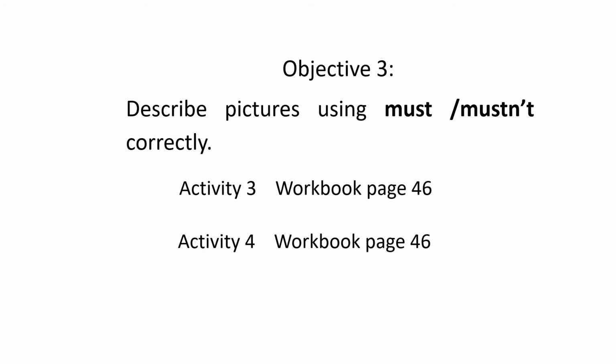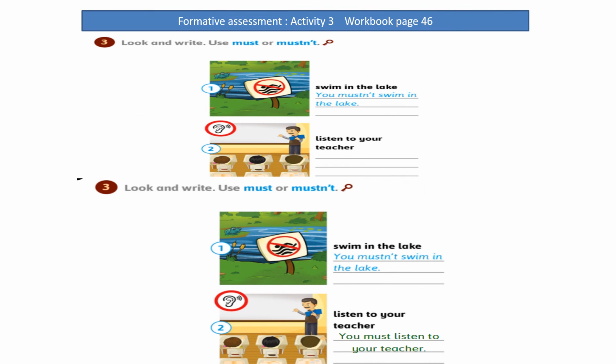Now we come to objective number 3, which is to describe pictures using the defective verbs must and mustn't correctly. Activity number 3, workbook page 46, and activity number 4, workbook page 46. Look at the pictures. Listen to your teacher. What can you say? We or you must listen to your teacher.